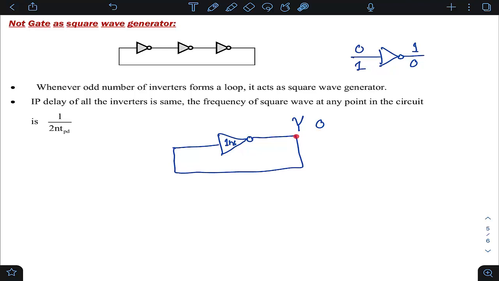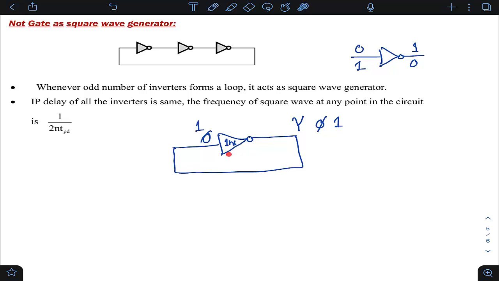Now this 0 will be processed as input to this gate. There is no delay in the connecting leads. If this is 0, it means that here also it is 0. So if 0 is the input given to this NOT gate, after 1 nanosecond of delay you are going to get 1. So this 0 will be replaced by 1.